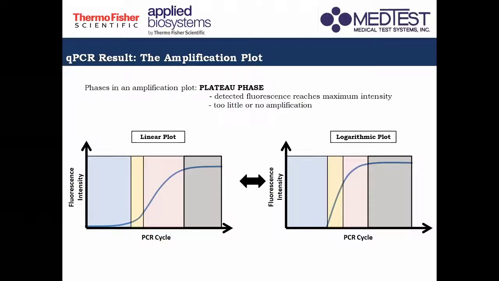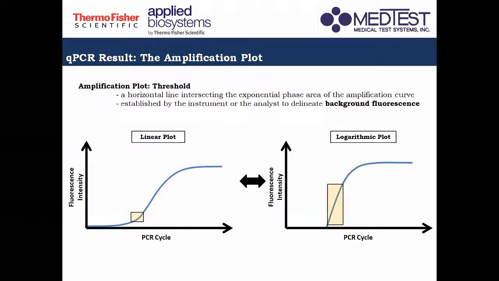Now, of all these four phases in your PCR run, what we are after is the phase that represents the ideal PCR amplification, and it is in the exponential phase.